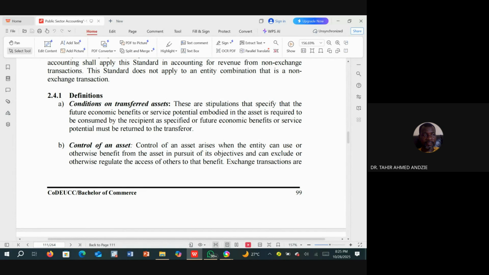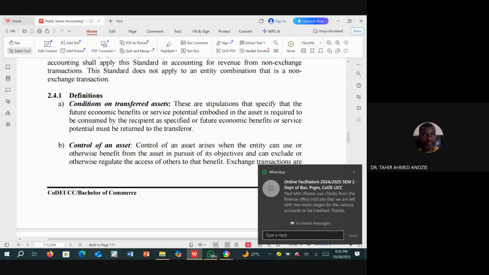Then control of assets. Control of an asset arises when the entity can use or otherwise benefit from the asset in pursuit of its objectives and can exclude or otherwise regulate the access of others to that benefit.